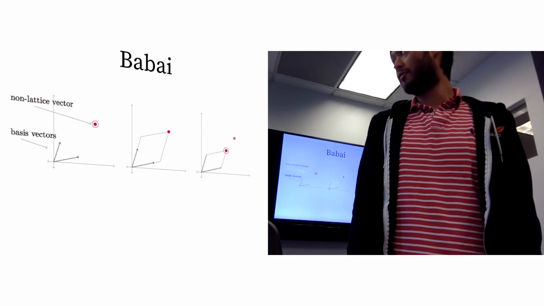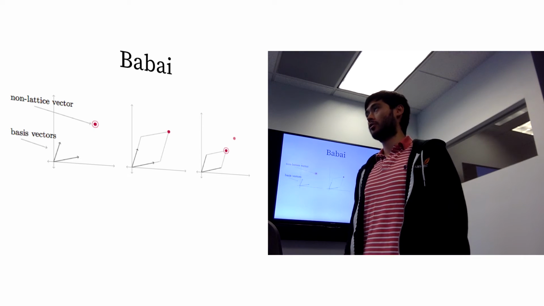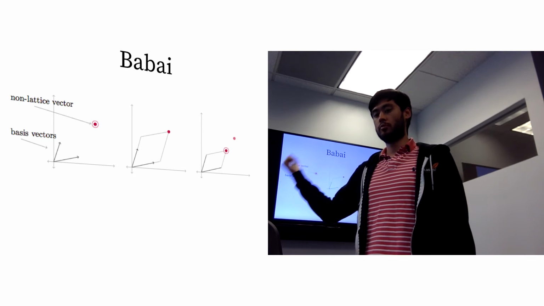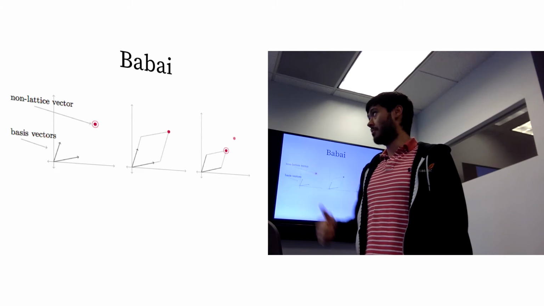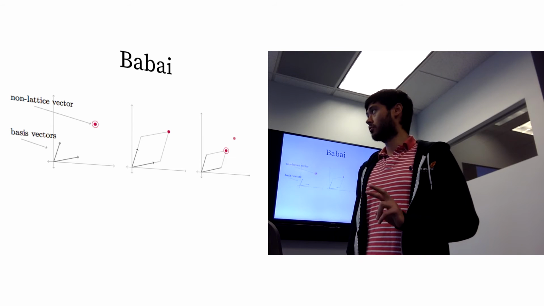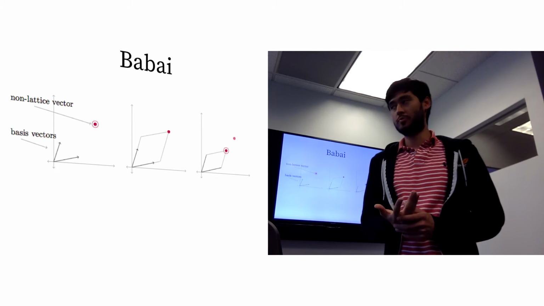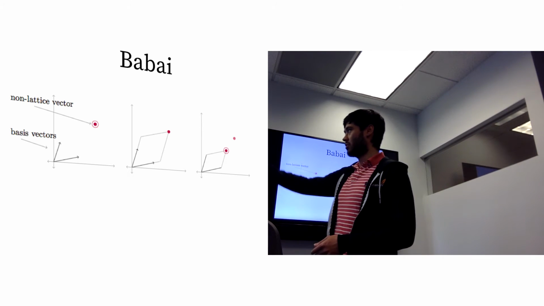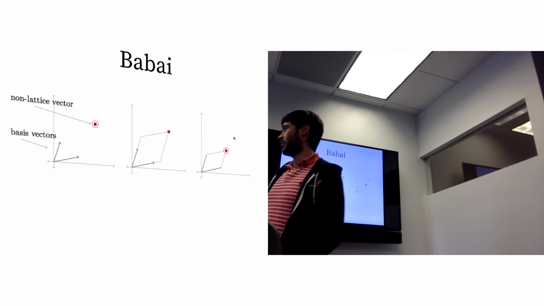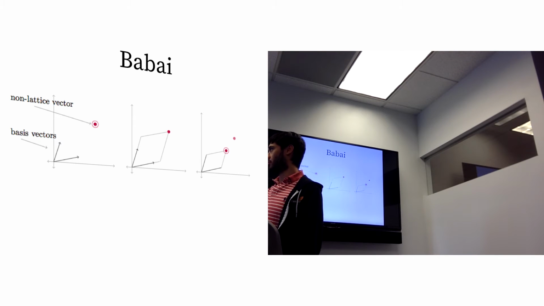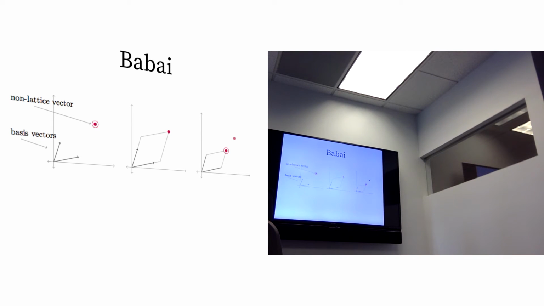To solve or approximate a solution to the second problem, the closest vector problem, you have Babai, who has made two algorithms, and I'm just going to explain the first one because it's pretty simple. Imagine you have your non-lattice vector here, and the basis of your lattice are those two vectors. What you can do is write this non-lattice vector as a combination of those two vectors.